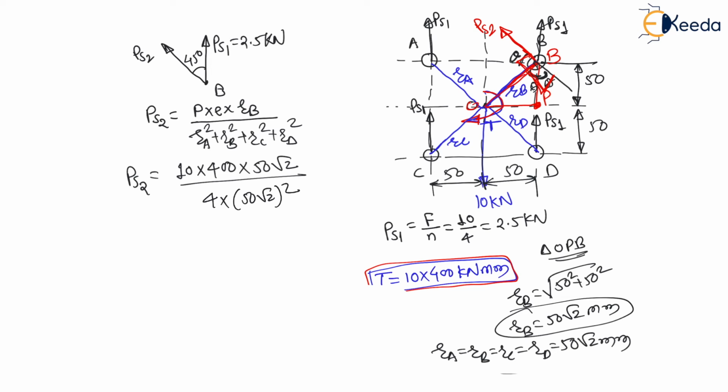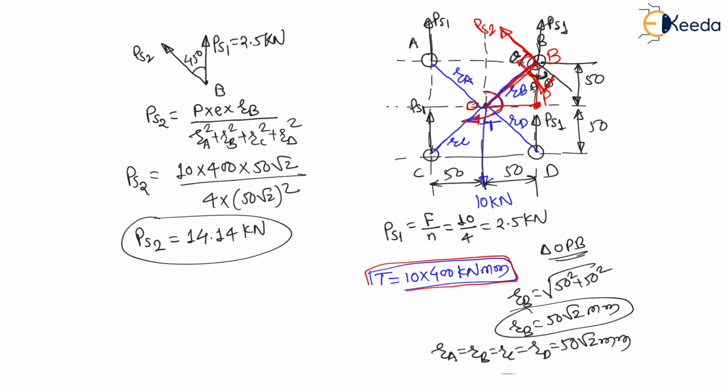This is how we can simplify. Therefore, if I simplify this, then I will get the secondary shear load equal to 14.14 kilonewton. Here I have kept 10 in kilonewton, therefore the answer will be in kilonewton only, right? This is how I get the secondary shear load, and the primary shear load we have already calculated.